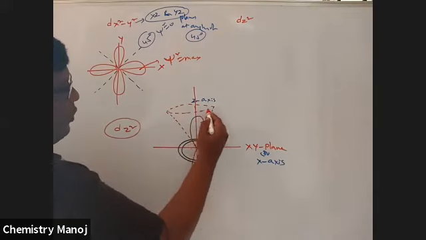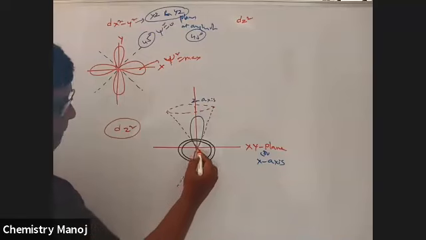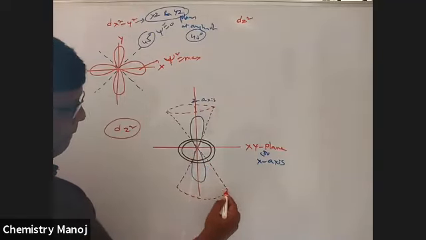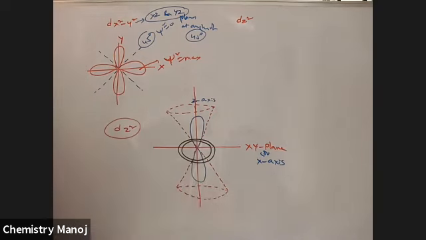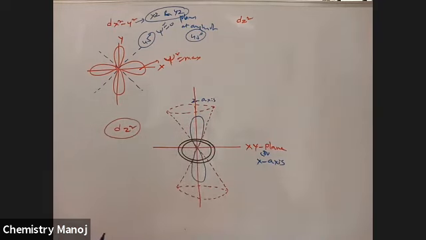It is just like a cone. Here also. So along this cone, a node is existent.